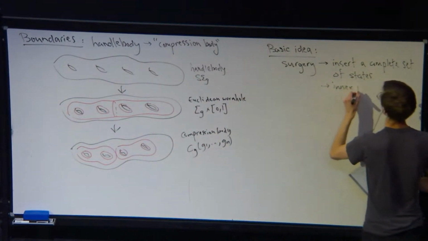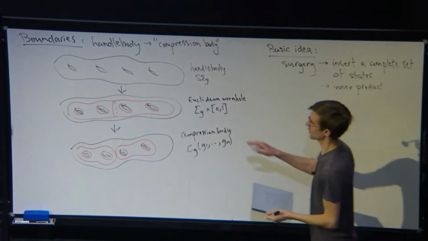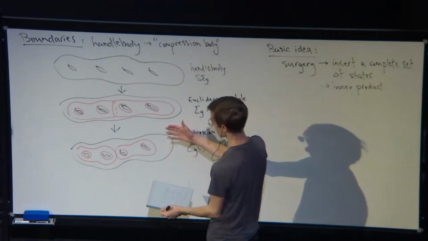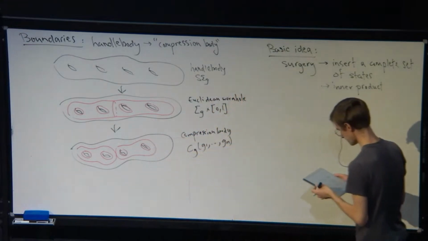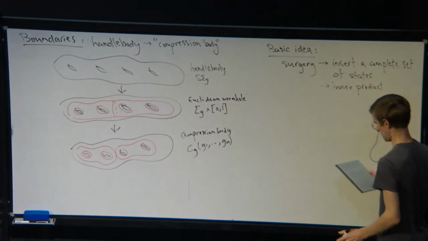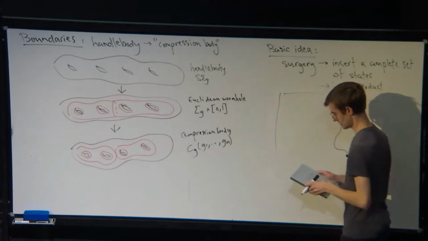And then you take the inner product. Because remember, in this picture, you're cutting the 3-manifold M into 2 pieces like this, and then you identify them on their outer boundaries. So that's the basic idea. Are there any questions about this?